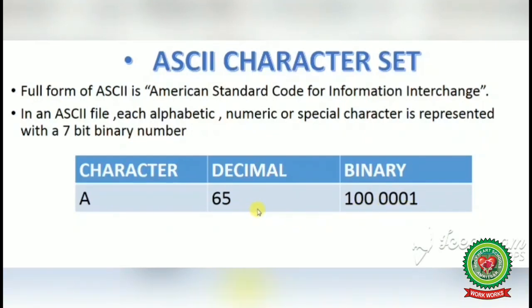We have covered this conversion of decimal to binary and binary to decimal in 7th standard also, means how we can convert 65 into binary value and how binary digits are converted into decimal value. So in an ASCII file, the capital letters A to Z have values from 65 to 90. 65 is capital A and Z has the value 90.